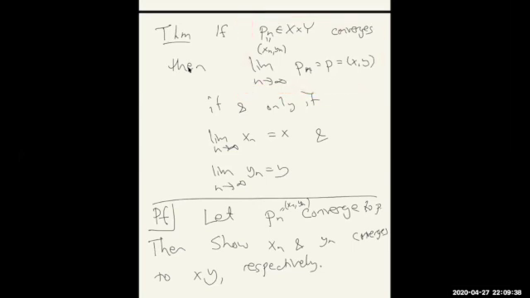So if you have a sequence of points in the product space, then that sequence converges to another point if and only if each of the components converge. So component-wise convergence is equal to convergence in the product space.